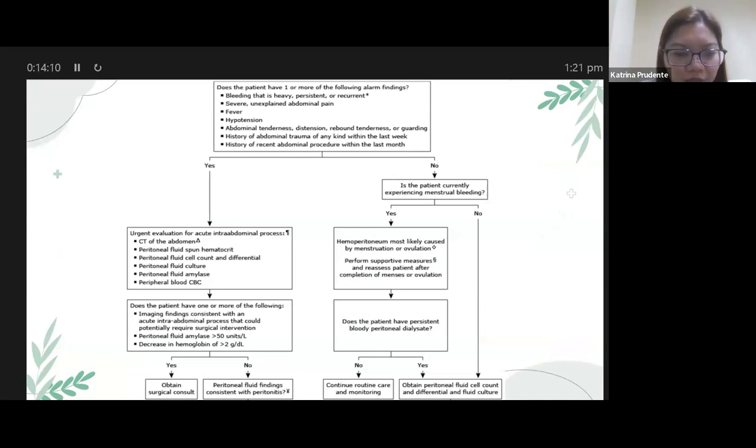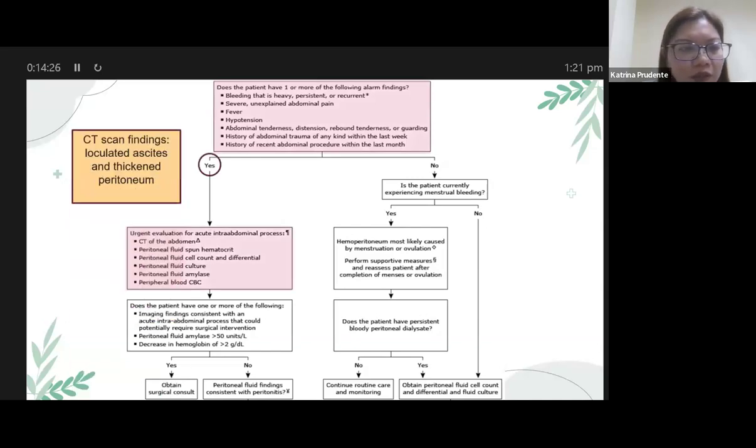So we proceeded with further evaluation of the abdomen. We checked the CBC, the fluid cell count and differential count, and also did a CT scan of the abdomen, which showed loculated ascites and a thickened peritoneum.